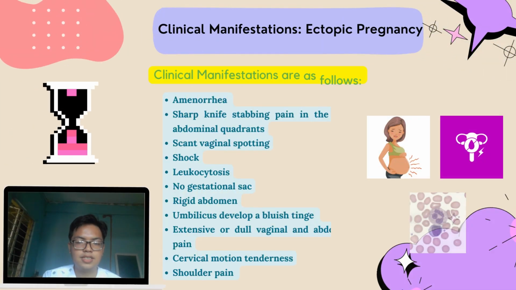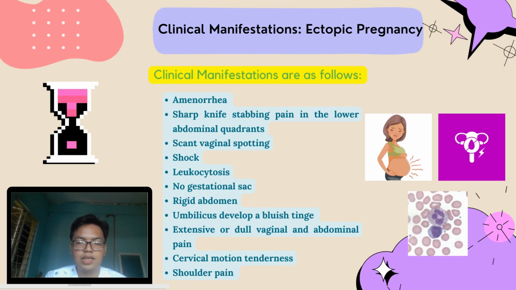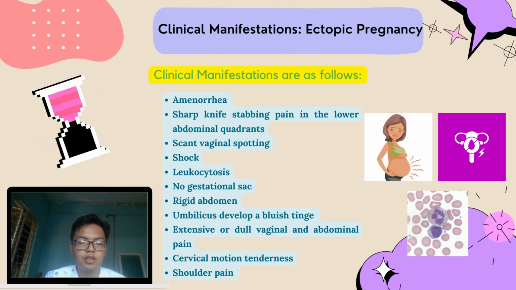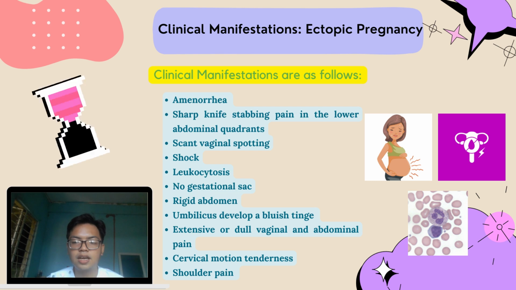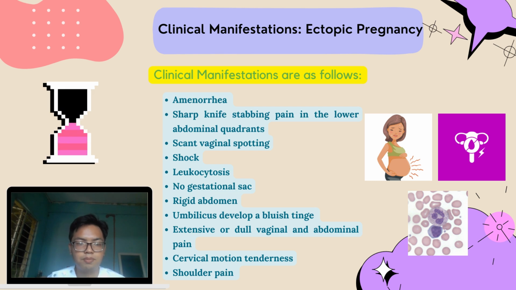Moving on to the signs and symptoms. The clinical manifestations of ectopic pregnancy include amenorrhea or absence of menstruation, sharp knife-stabbing pain in the lower abdominal quadrants, scant vaginal spotting, shock, meaning symptoms like rapid thready pulse, rapid respiratory rate, and decreased blood pressure.